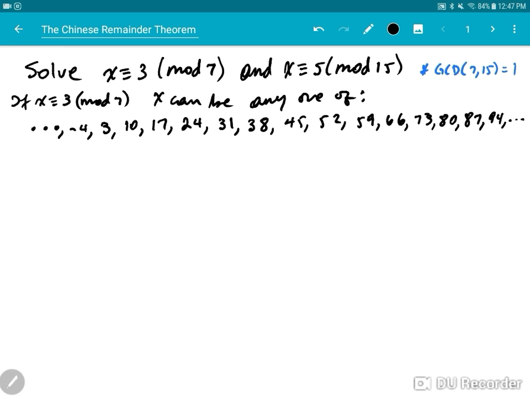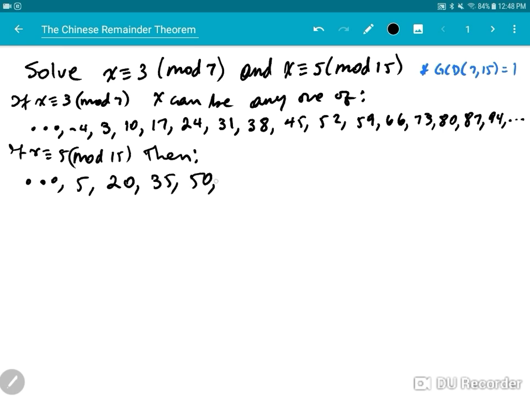And if x is congruent to 5 mod 15, then x should be one of the following. It could be a negative number, or 5, or 20, 35, 50, 65, 80, 95, and so forth.